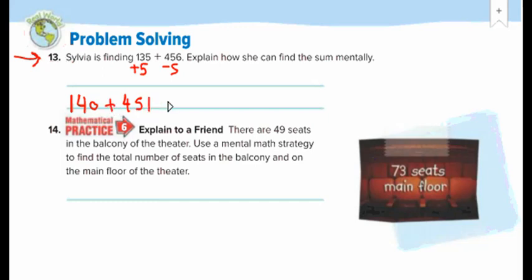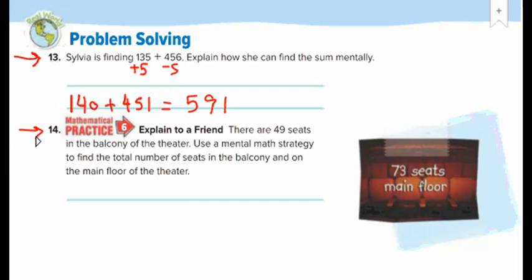Now she needs to add 140 and 451. It is easy. 0 plus 1 is 1. 4 plus 5 is 9. 1 plus 4 is 5. So adding 140 and 451 is easier than adding 135 and 456, because adding 5 and 6, for example, needs regrouping.